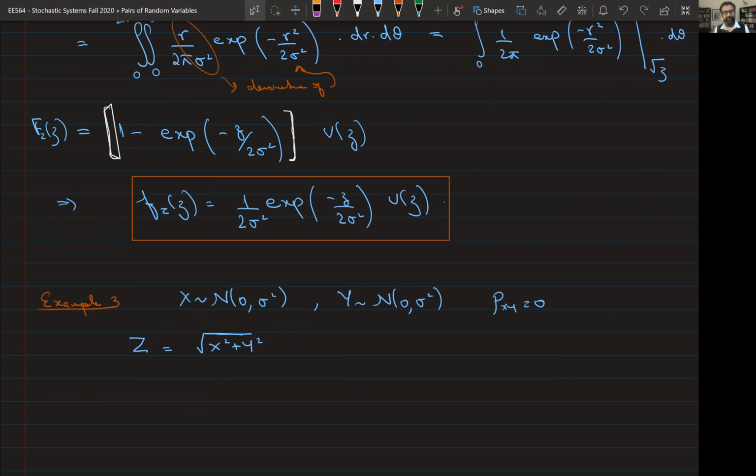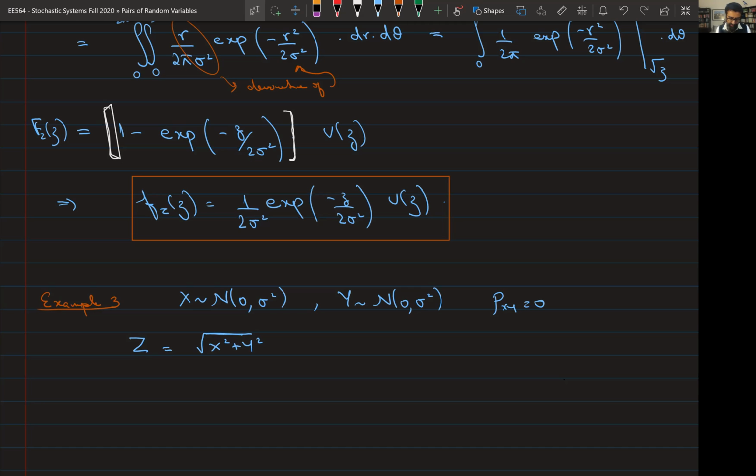And this is actually the distance from the origin. If the x and y coordinates of where the body is located are both Gaussian distributed, we're interested in finding what distribution the distance from the origin follows.